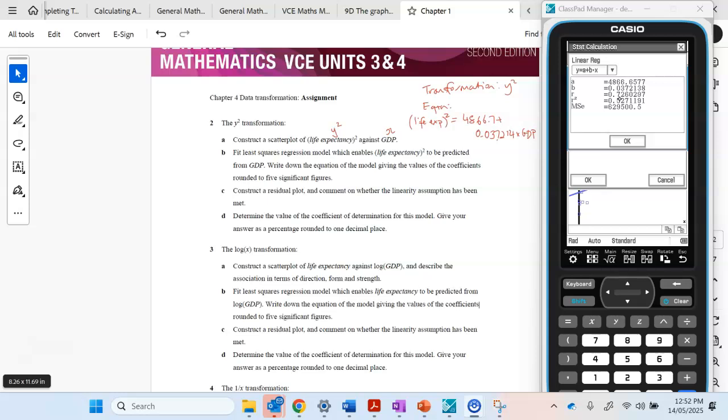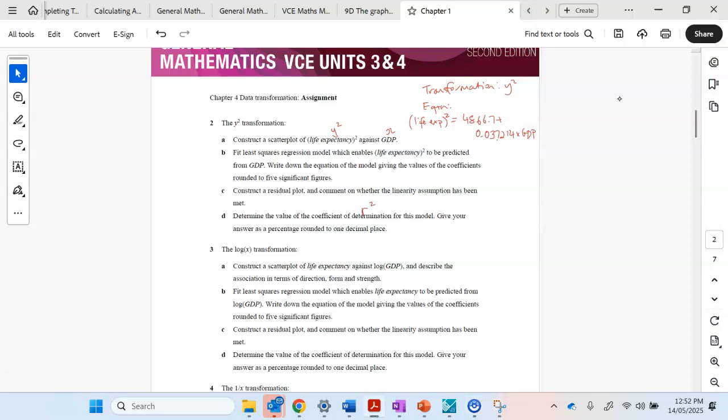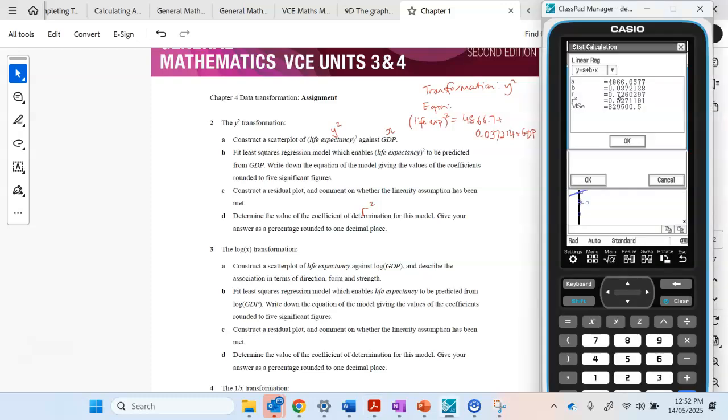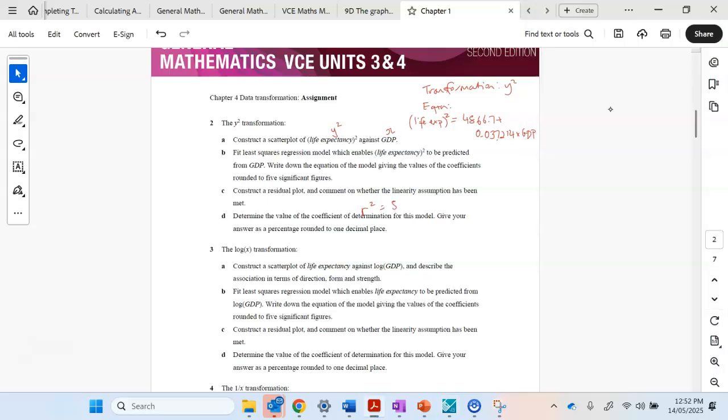So determine the value of the coefficient of determination. So remember that is your R squared. Give your answer as a percentage rounded to 1 decimal place. So R squared is 0.527. So when I multiply that by 100, I get 52.7. And that's as a percentage.